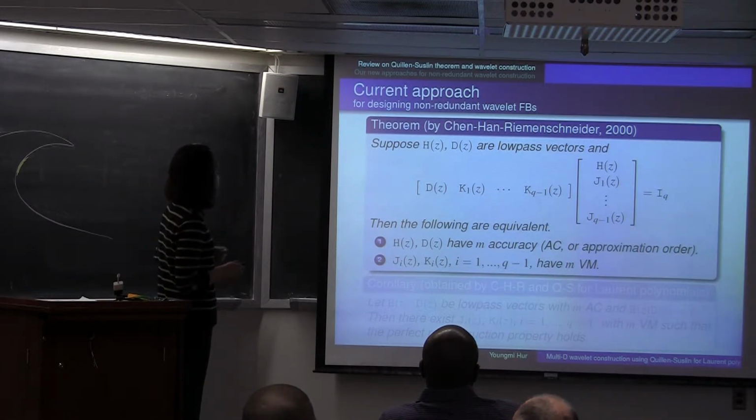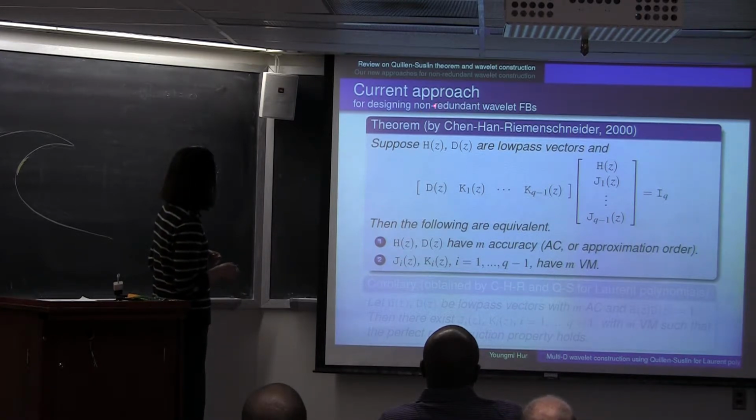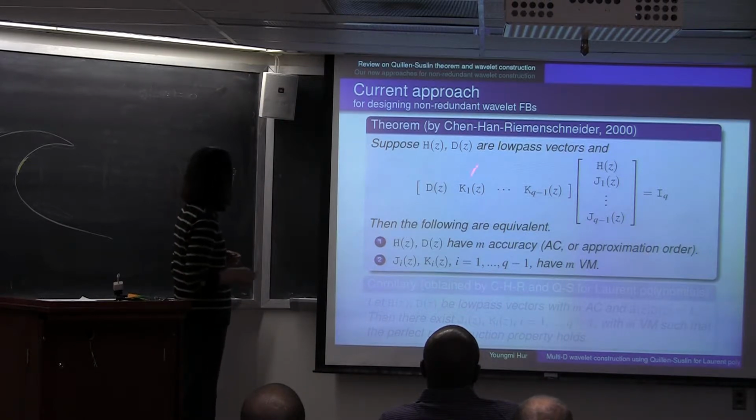Okay, so with that, let me summarize the current approach for designing non-redundant wavelets. When it's non-redundant, these matrices are square matrices. If the chain is orthonormal, this result is known.